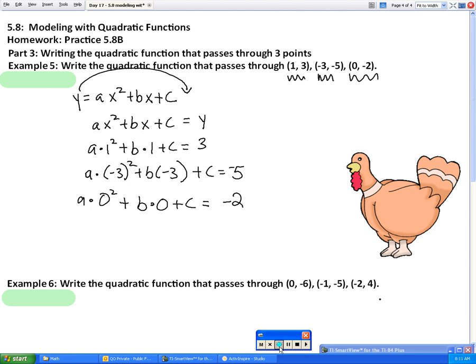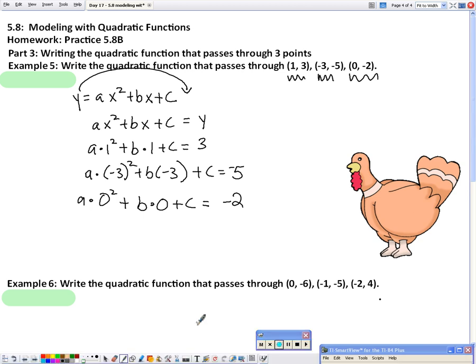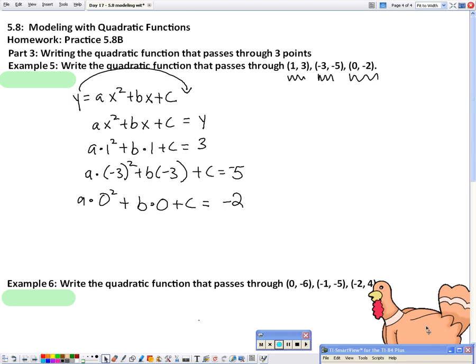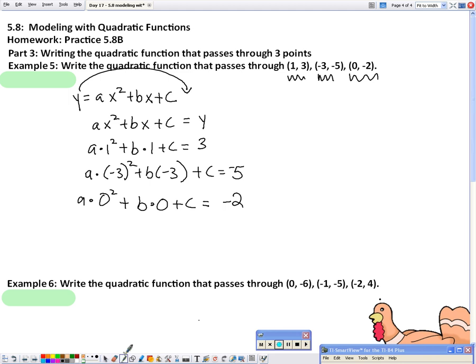What I'm going to do is turn these three equations into three matrices. Let me rewrite these actually.